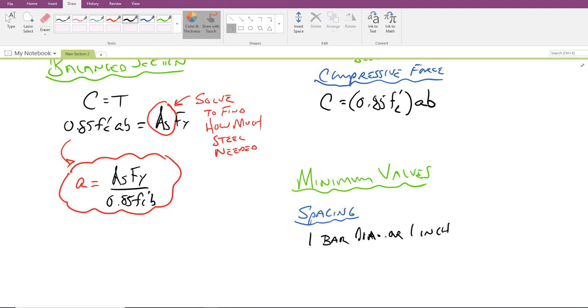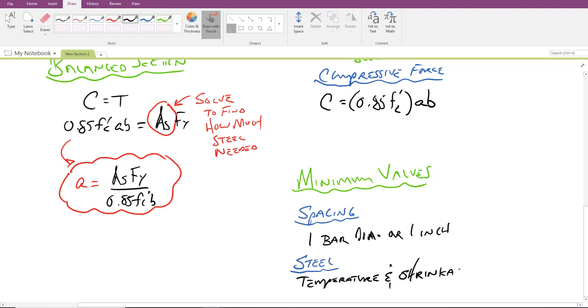There's also a couple of equations that govern the minimum amount of steel. Rather than give you the equations, what I just want to note is that we typically have to check and ensure, even if the beam doesn't have a large bending load, we still have to check for temperature and shrinkage.